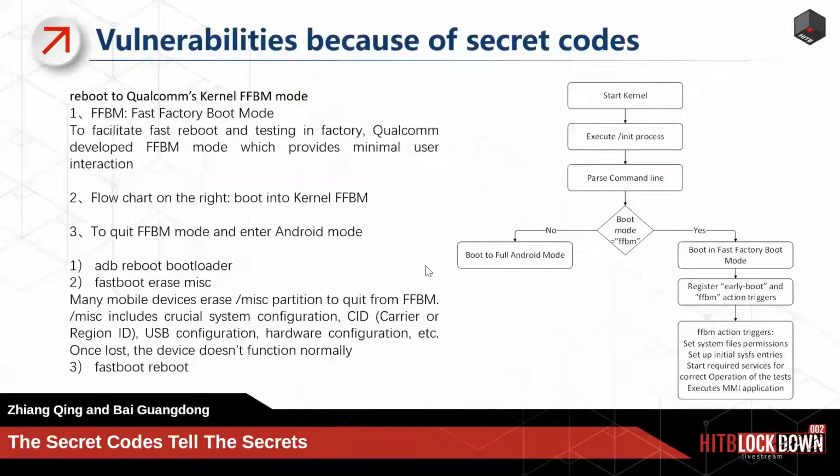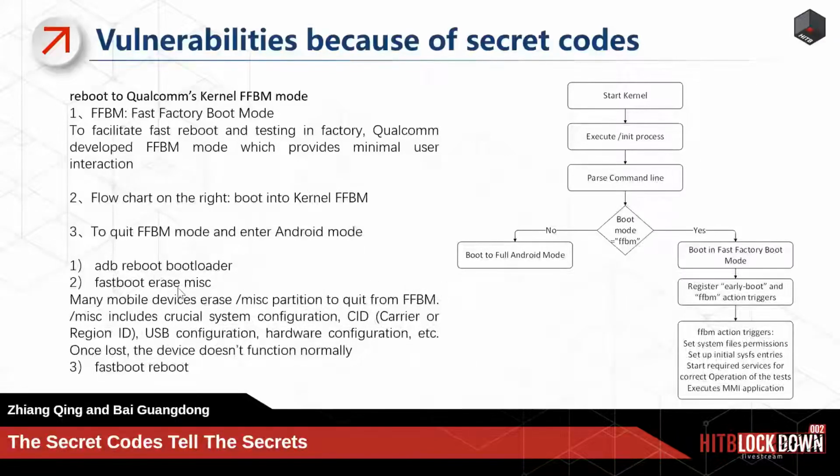The problem is that after entering the FFBM mode, the user has to quit it and re-enter the normal Android mode. This takes 3 steps, and the user can do that. But the second step is actually very, very risky.